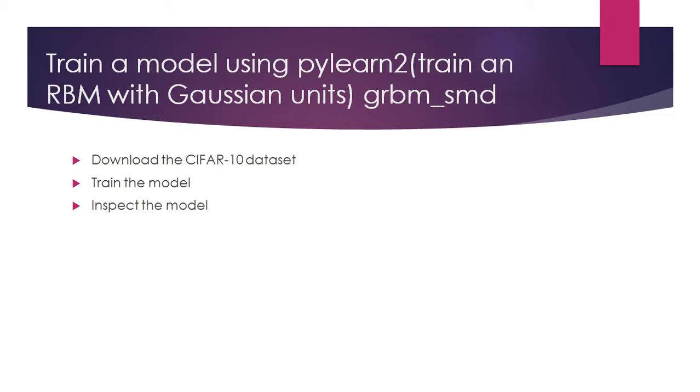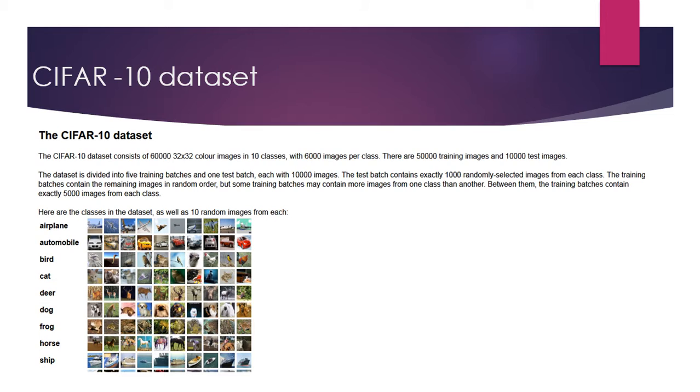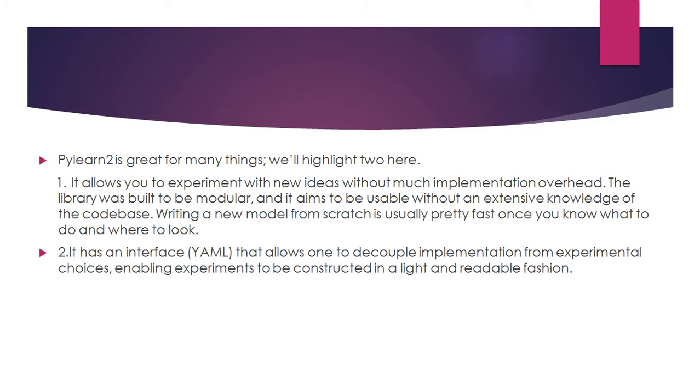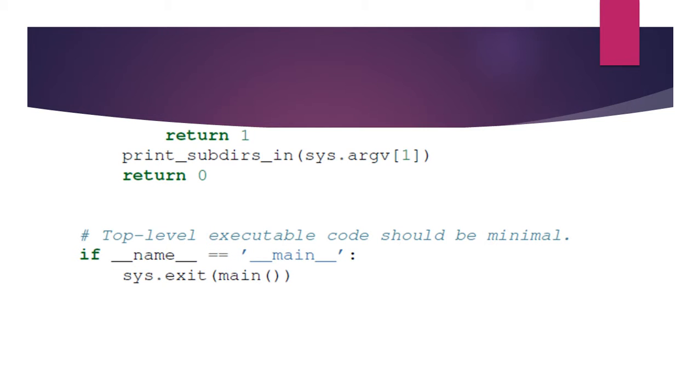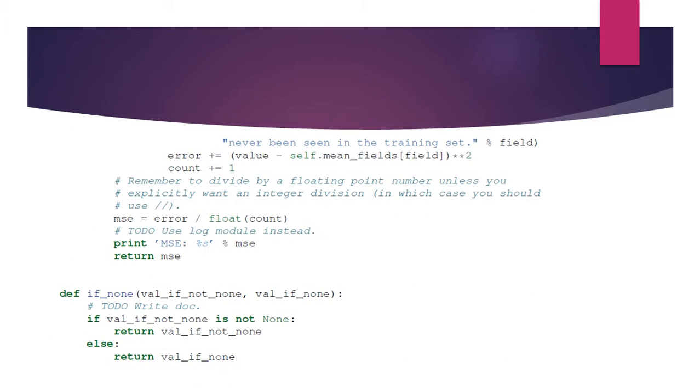So basically three things are there to train a model using Pylearn 2, and it's all about the CIFAR dataset. The great things about Pylearn 2 are the interfaces, the YAML file, and the decoupled implementation, and it's living code.